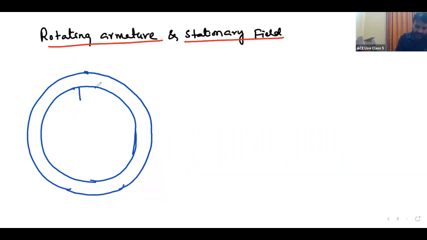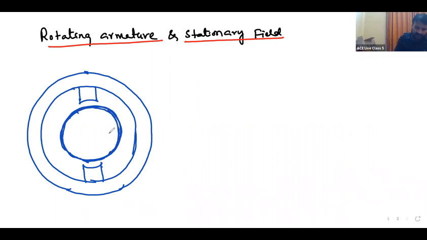Poles are fixed to the stator. These are the poles, say, salient poles fixed to the stator. They are excited with DC current, and this is the rotor, say, the rotating armature. On the rotor, we will keep the armature winding, na? Yes.